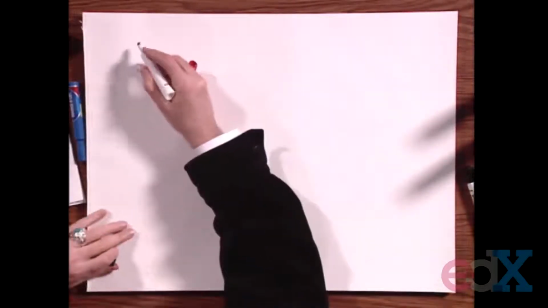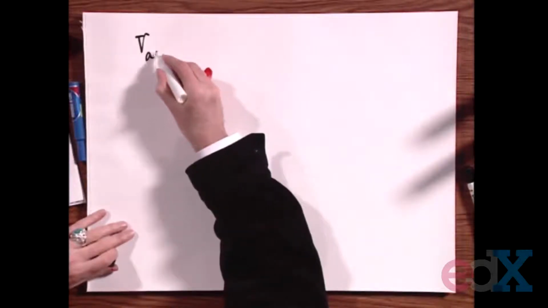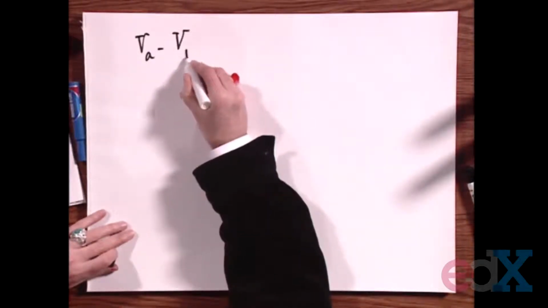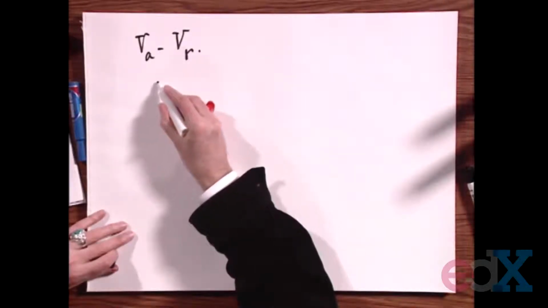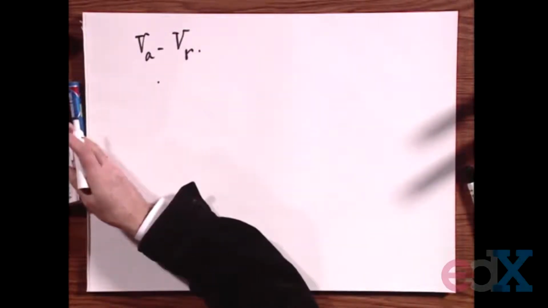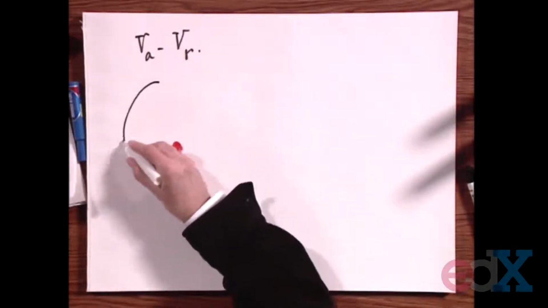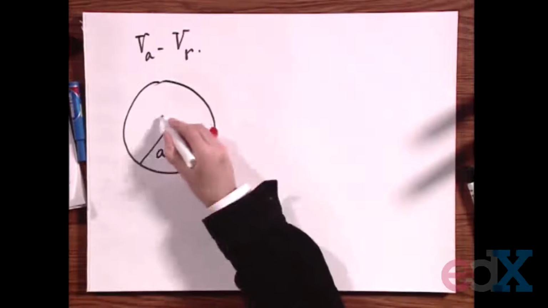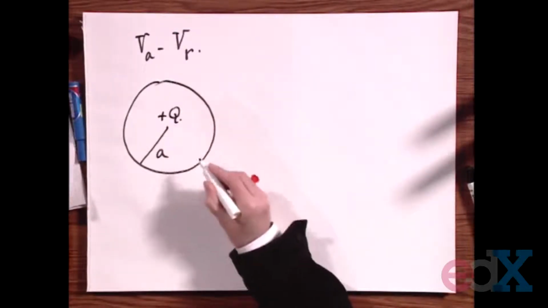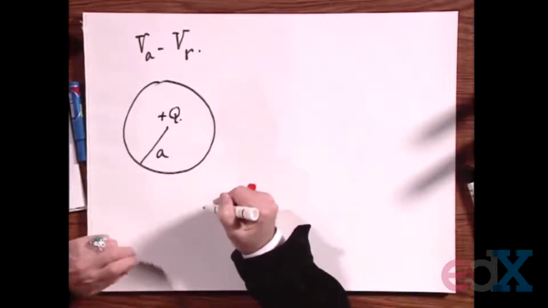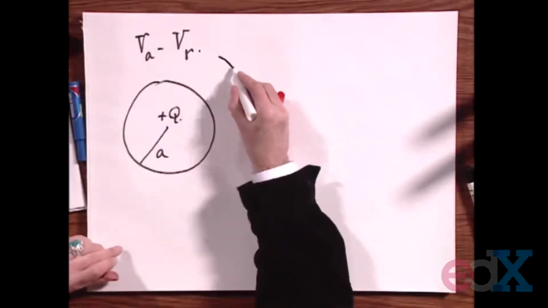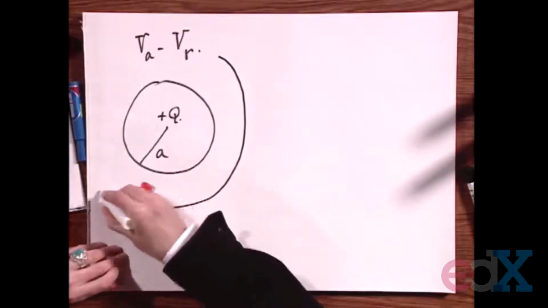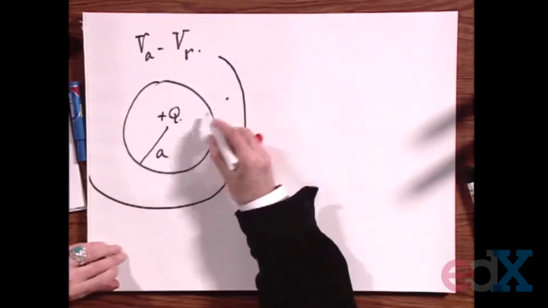Let's now go back to our problem, and we want to know what VA minus VR is. Let me make sure that you have the geometry right. We have here the radius A, and we have here plus Q. And we want to know what VA minus VR is, and we want to know that everywhere in space.